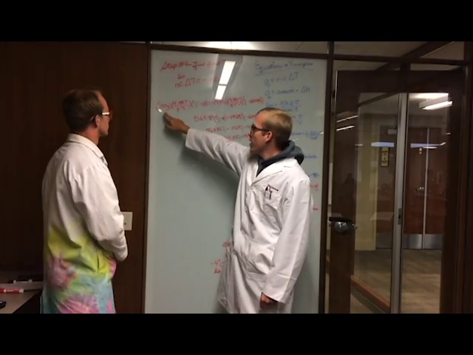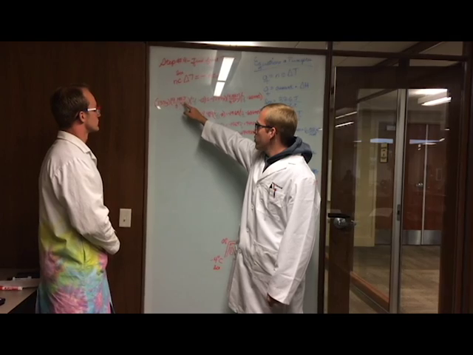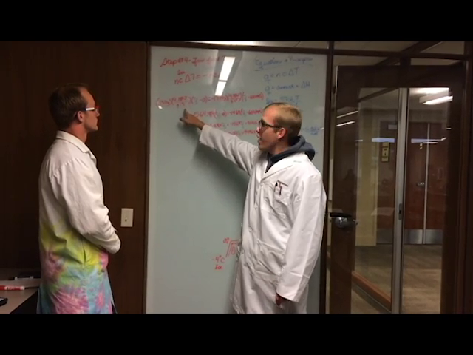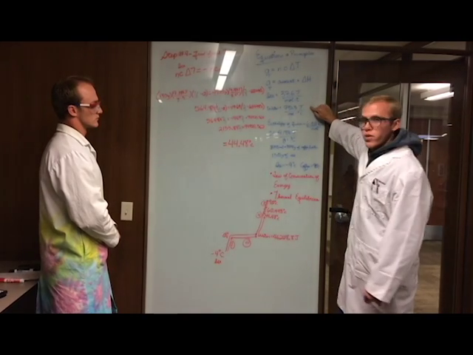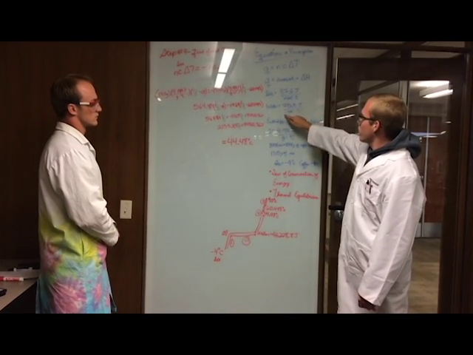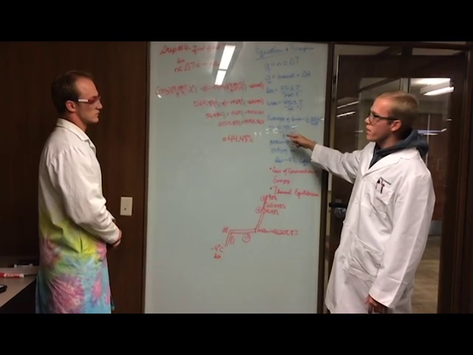We have 135 grams of ice times 4.184 joules per gram degree Celsius, the specific heat of water. Instead of using 75.3, because that's per mole, we use 4.184 because we're working in grams.